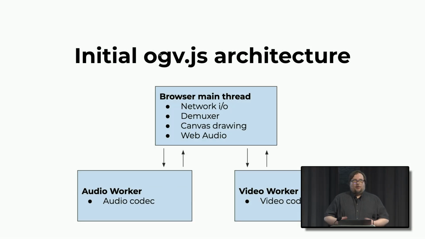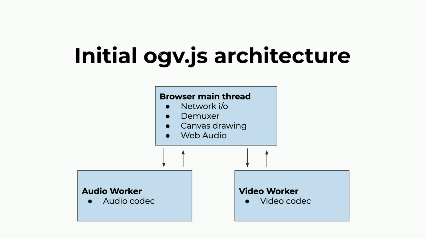So what we ended up putting together was called ogv.js, and it's a video player that emulates the video element API, written primarily in JavaScript for the front end with emscripten modules for the codecs and demuxers. Work is split between a main thread where we're doing network I/O, we run the demuxer, which has to do a lot of back and forth to the network buffering.